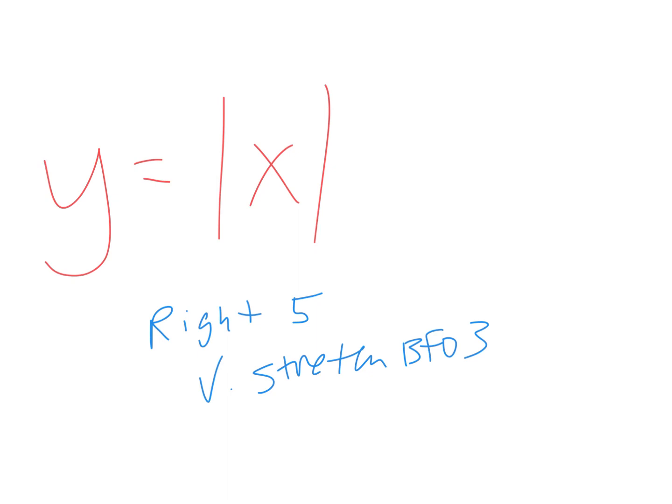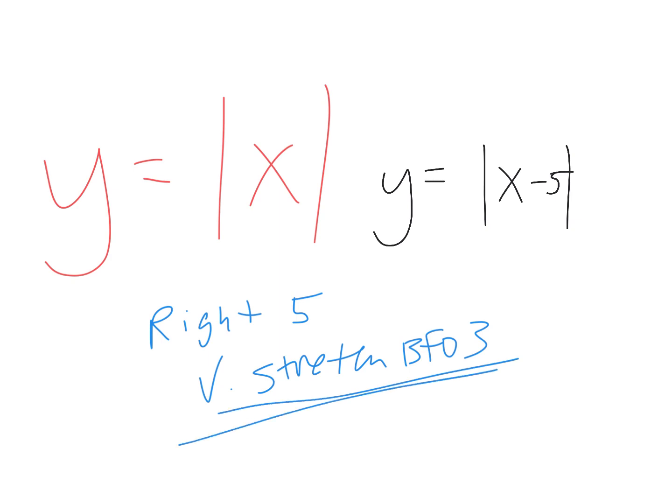Put something on the inside, put something on the outside. So did you know that this was absolute value still, but it's been moved right 5, which is a -5? Who knew that there was a -5 on the inside?